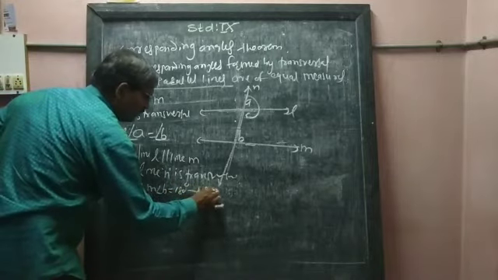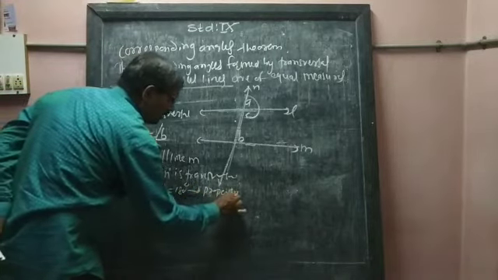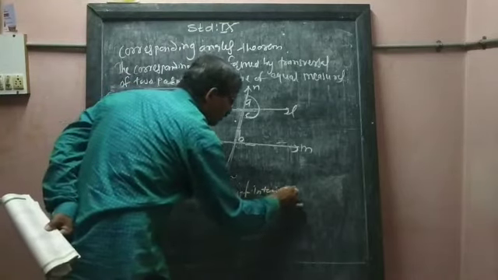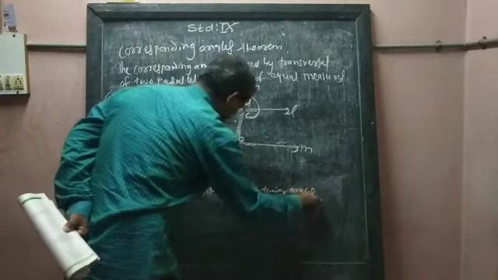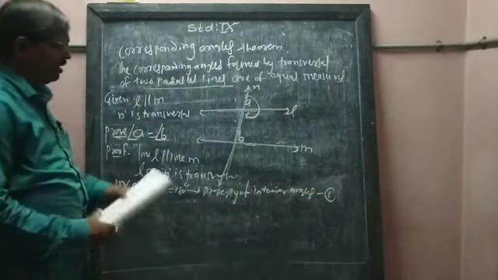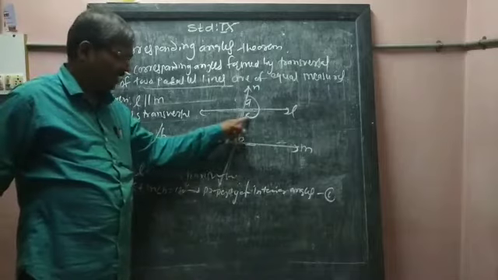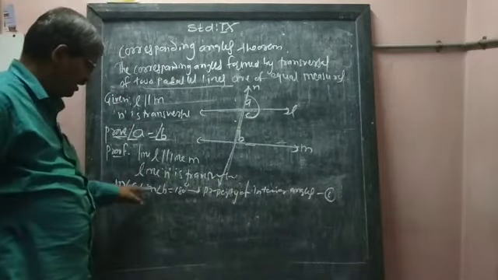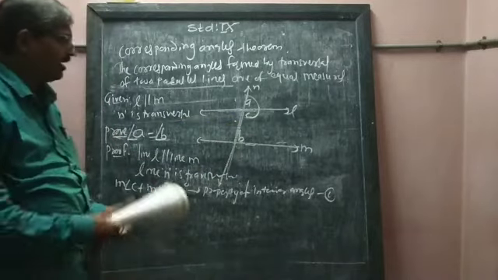What is the reason? Property of interior angles. This is number one. Measure of angle C plus measure of angle B, these are interior angles. So according to the property of interior angles, angle C plus B is equal to 180 degree.